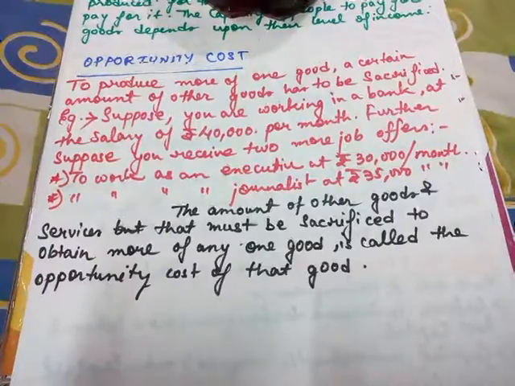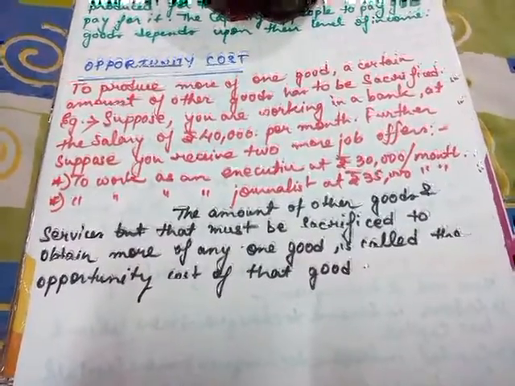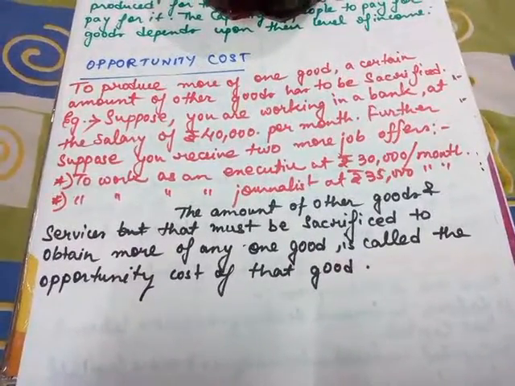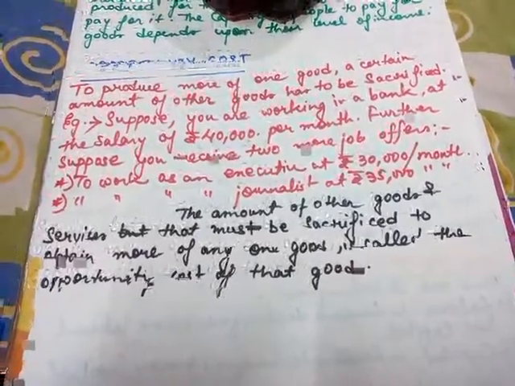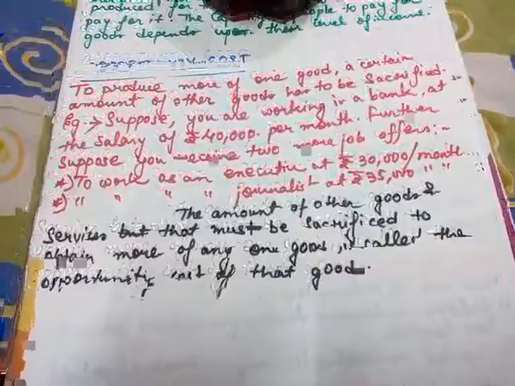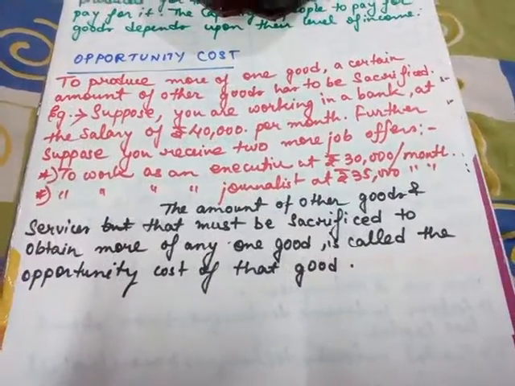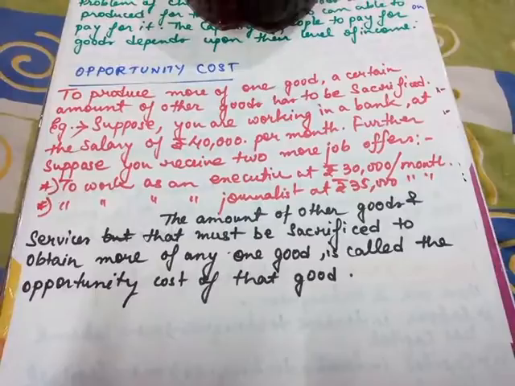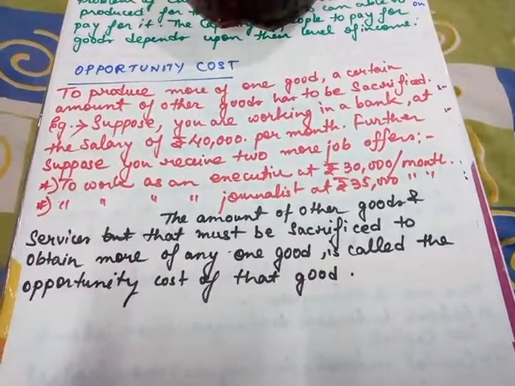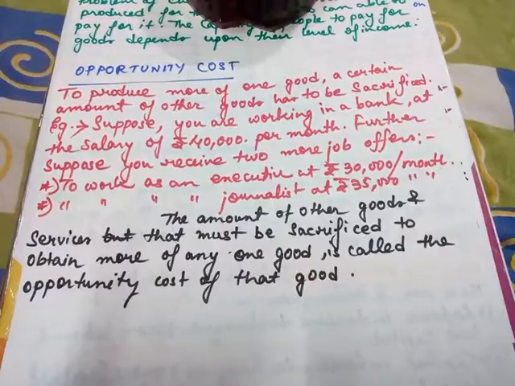Means you will produce 6 packets of bread and one packet of biscuit. So why is this the situation? If you want to get an additional amount of a good, you have to sacrifice another good. Why? Because of resource limitation, because of the scarcity of resources.